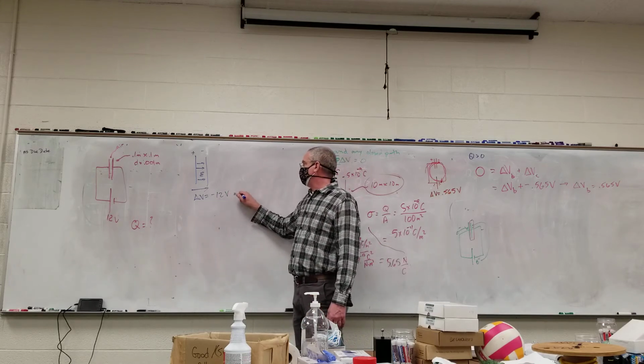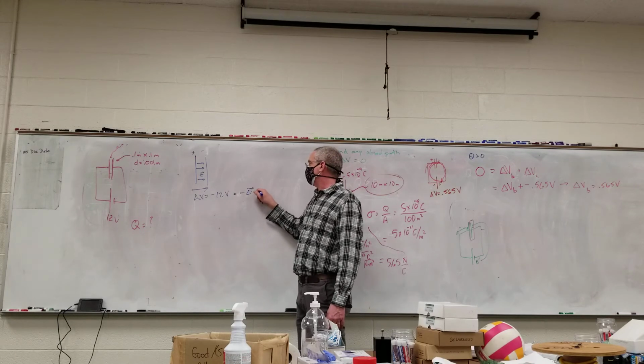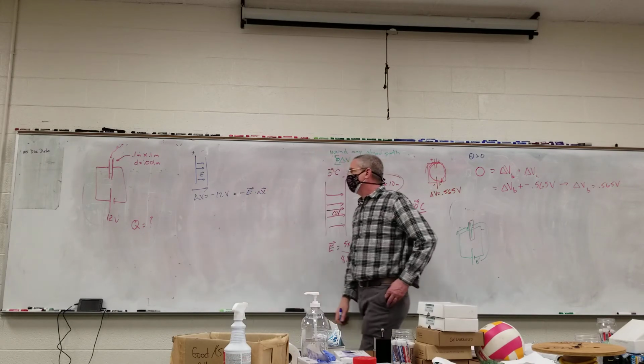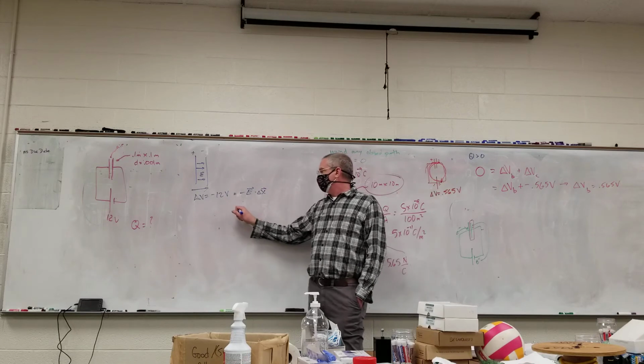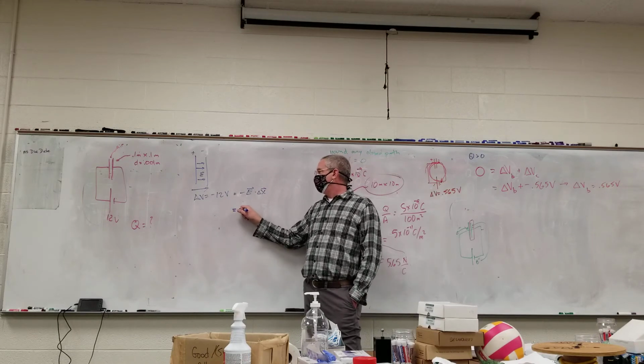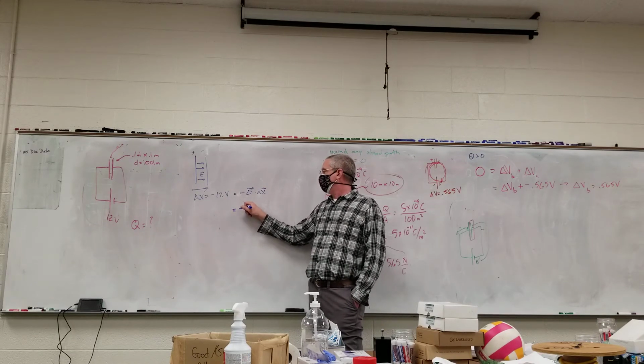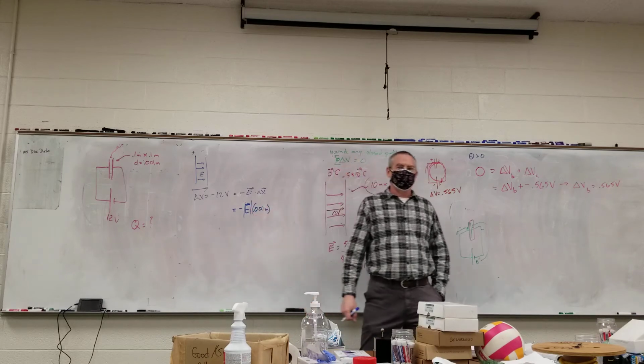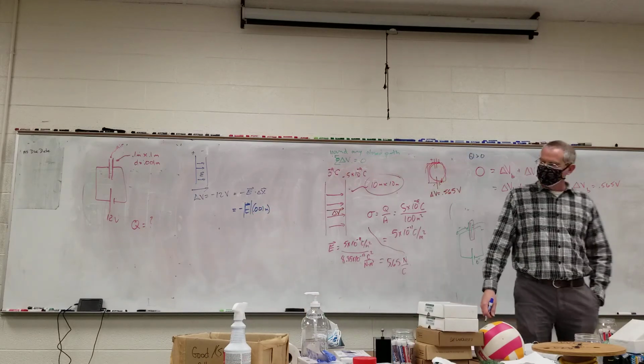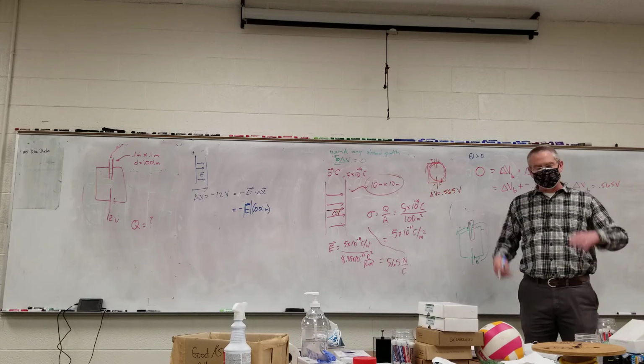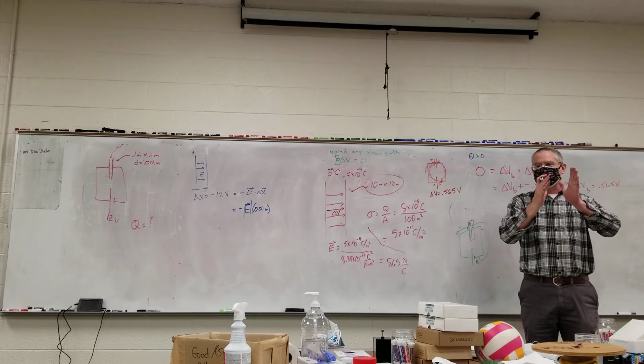That should be equal to the negative E dot delta x, which is negative E times 0.001, because that delta V there is across from one plate to the other plate, it's not to halfway.